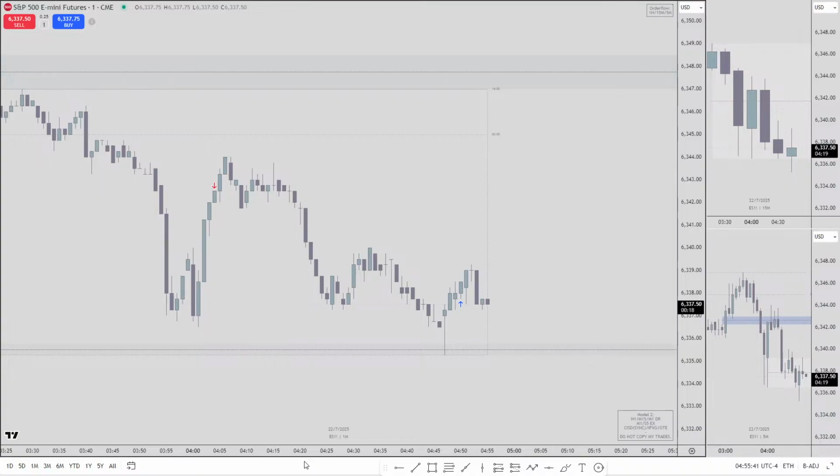Well, maybe something that I can improve on is that when I see this low grind lower, I should have minimized my expectations. Yeah, I can improve on that.